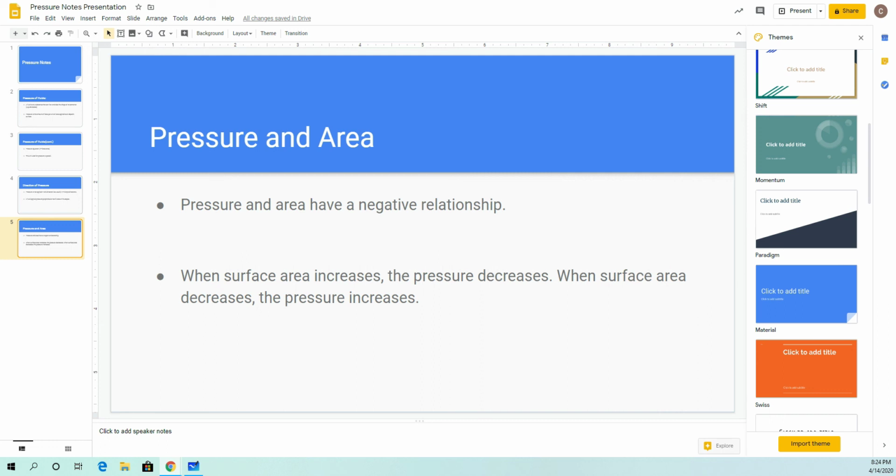When the surface area decreases, the pressure increases. So this is directly applicable to your example yesterday. When you had your one finger, that was a smaller surface area. So you felt more pressure in your forearm when you applied the pressure.